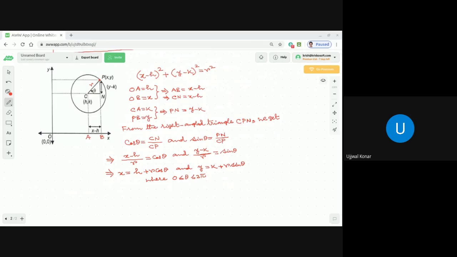So x minus h is equal to r cos theta and y minus k equal to r sin theta, or x equal to h plus r cos theta and y equal to k plus r sin theta, they represent the parametric equation of the circle. And what is the parametric point? The parametric point is h plus r cos theta and k plus r sin theta. That is the parametric equation of the circle.